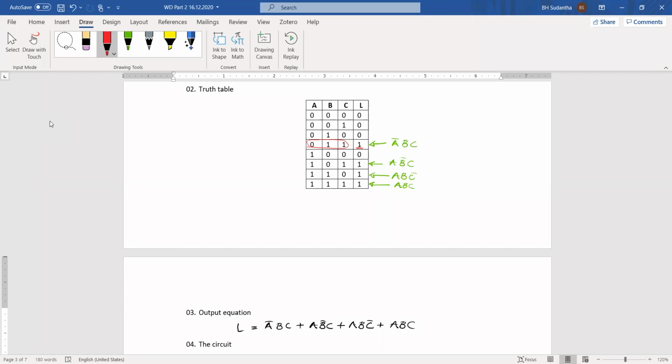Then we can't take the action of A. Then we have to consider all three variables. But here also, to convert this one, this 101 combination, you have to consider. Okay, here also the same thing. This is 110 and this is 111. All these four combinations have to be considered. If you take only two variables, that means that you are ignoring the status of the other one. We can't do it.